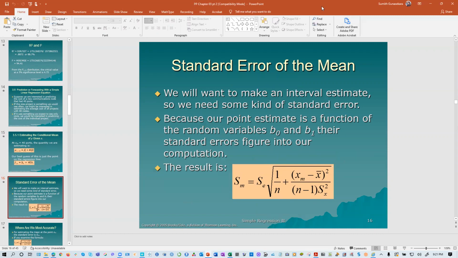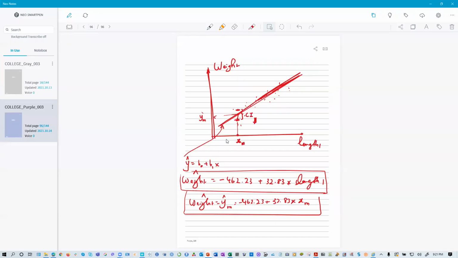So that's why, if you need the confidence interval, for which guy? The expected value.